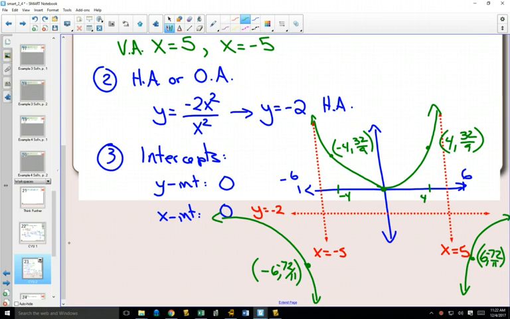We plugged those in with the table of values to figure out negative 6, negative 72 over 11. The points aren't going to be necessarily nice because you are dealing with fractions, so you're going to have to estimate a little bit of where those values are going to be. And once you've got enough points, then you can draw your graphs near your asymptotes.